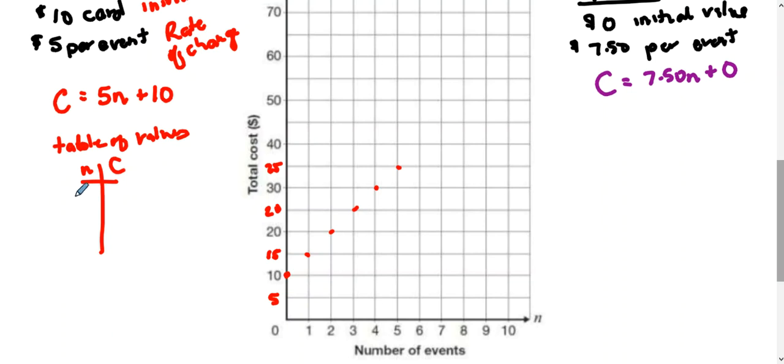If I put in 0 for n, we know that's going to be $10 because 5 times 0 is 0 plus another 10. I can evaluate that. I'm going to skip every one, so I'm going to do 2, 4, 6, just for argument's sake. It doesn't matter.